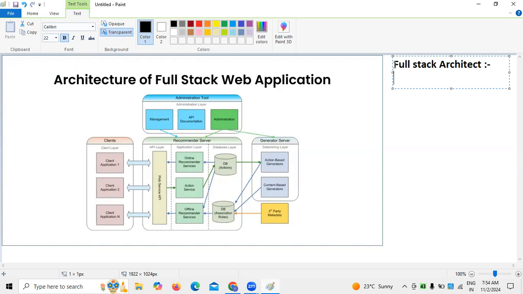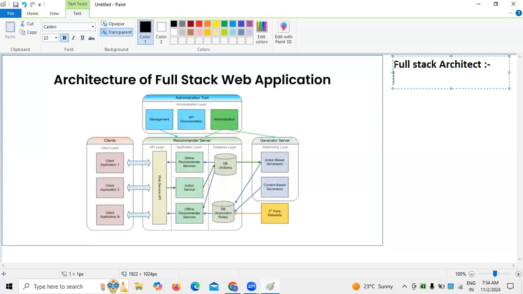There are different key skills and experiences we need to know as an architect. We must have knowledge of designing and implementing complex distributed systems, as well as large scale applications.